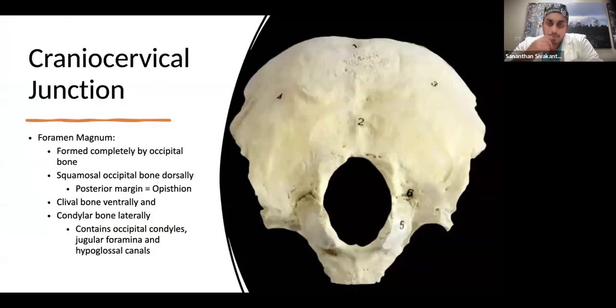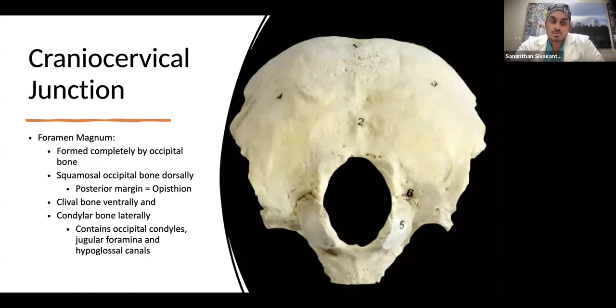Going on to biomechanically relevant anatomy and applying these physical principles to our biologic anatomy, we can start at the top of the skull at the cranial cervical junction, and we see the foramen magnum is formed completely by the occipital bone. This is something that we often take for granted or forget to appreciate.